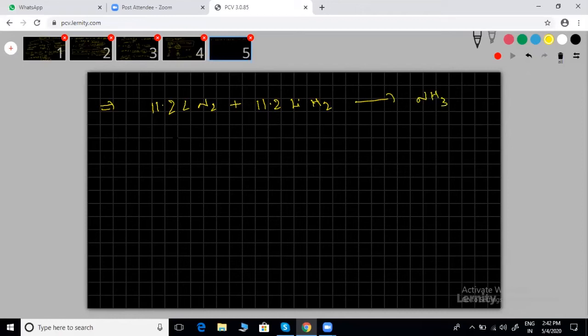These are in gas state and measured at STP conditions. Calculate how many liters of ammonia are formed at STP conditions. Very simple. So how much ammonia will form at STP?